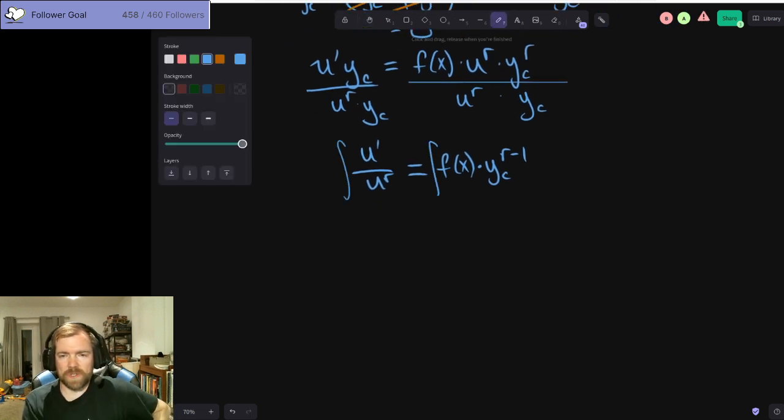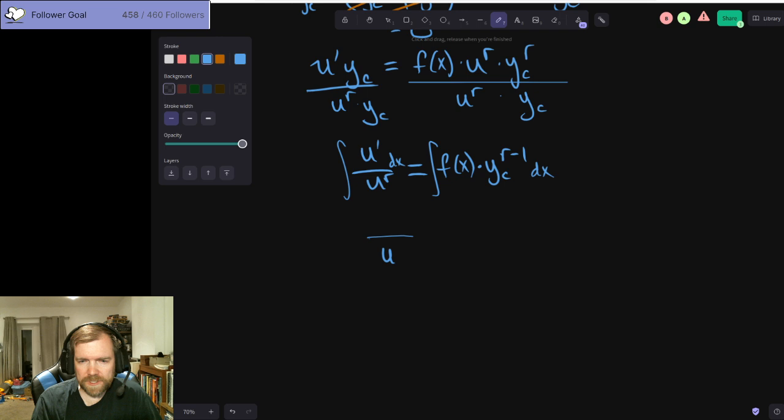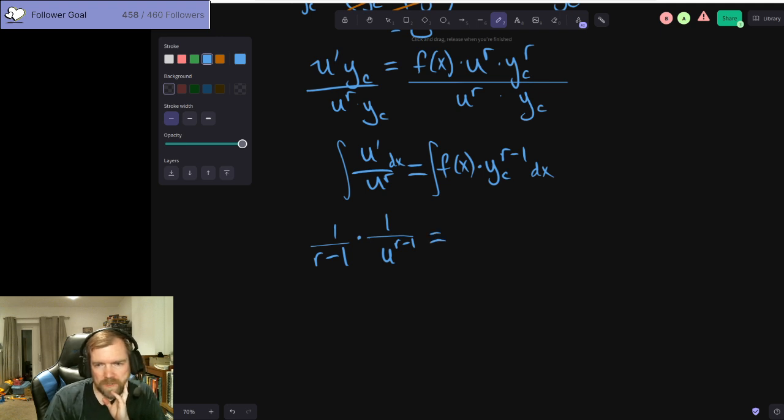When we take the integral of both sides with respect to x, u prime over u to the r is going to be over u to the r minus 1, times 1 over the new exponent, is equal to, and then here this isn't going to be generally solvable, but might be useful in some cases.